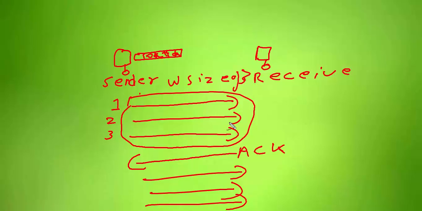So every 3 segments we get one acknowledgement. And if we are still facing loss of data, the system will automatically reduce the window size of this communication.